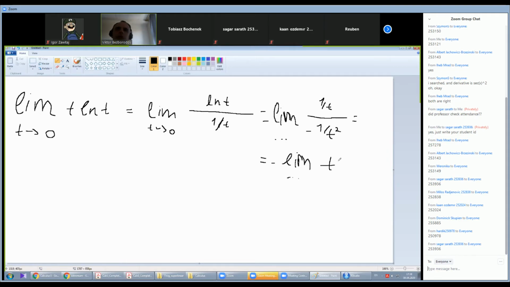This is just t, and t goes to 0, so this is 0. So this is one way to compute it. And then another way, so do you have some questions about it?